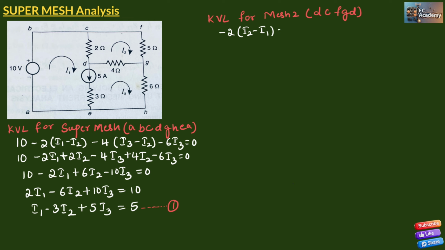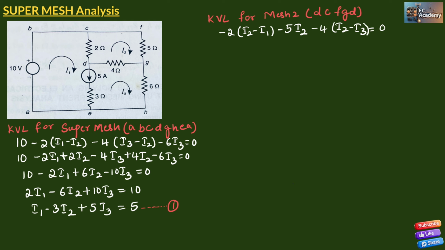The voltage drop across the 5 ohm resistor will be minus 5 into I2, and the voltage drop across the 4 ohm resistor will be minus 4 into (I2 minus I3), that will be equal to 0.